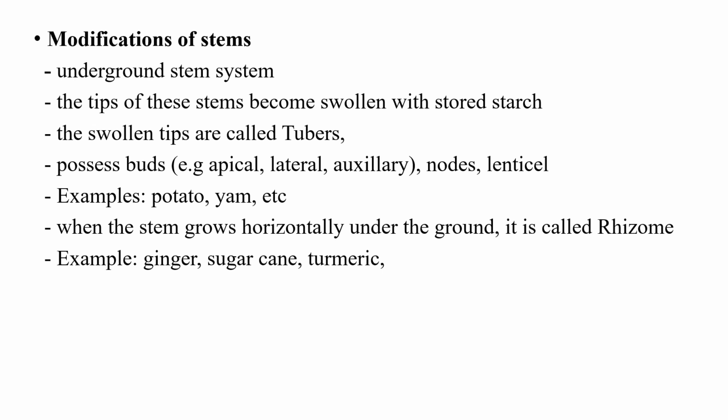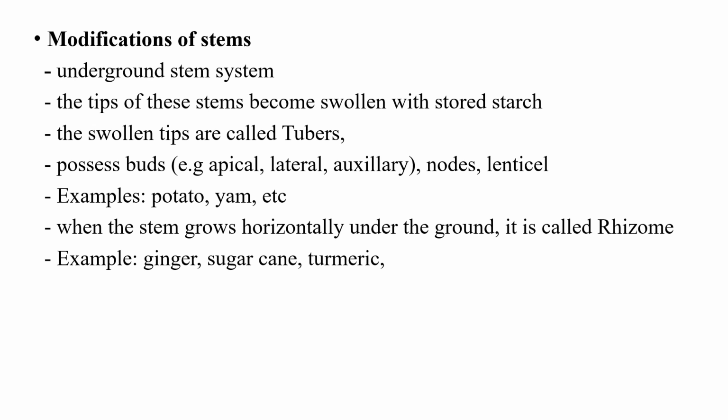They possess buds, that is axillary buds, lateral buds. They possess nodes. They possess lenticels that you will find normally on those stems that are found on top of the ground. Examples of such stem tubers are your potato, your yam.